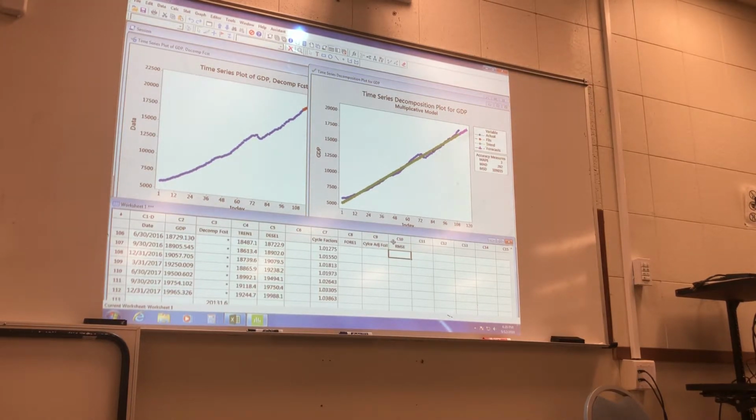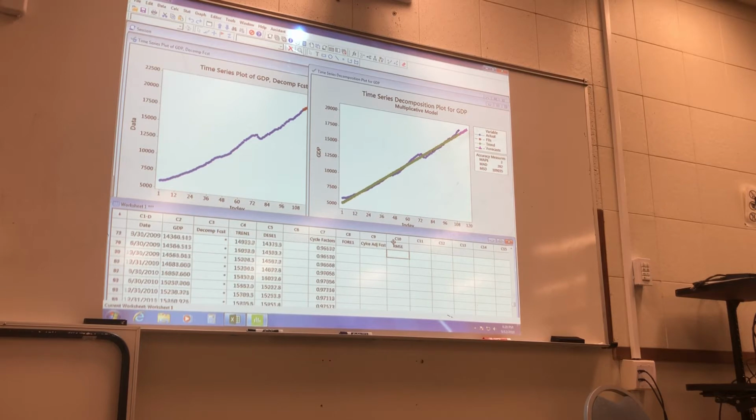You go to the top, it gives you the unit error. See that? So you did the MSD, take the square root of the MSD and it gives you the unit error. That's $330 billion, and GDP is in billions.